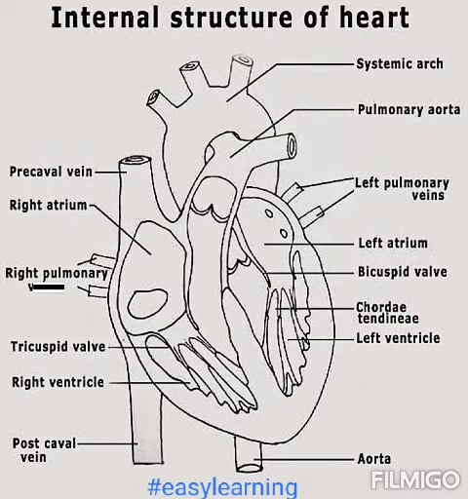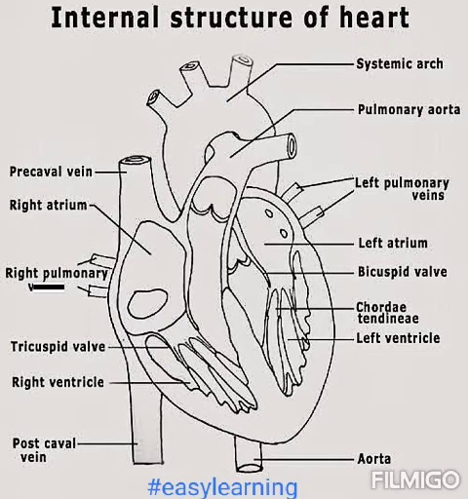Now about pulmonary circulation. The path of pulmonary circulation starts in the right ventricle, which reaches the lungs with deoxygenated blood, and the return of oxygenated blood from the lungs to the left atrium. Now about coronary circulation. It's simple. The supply of blood to the heart muscle is called coronary circulation.